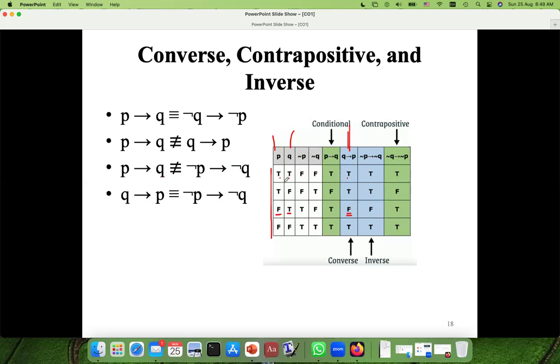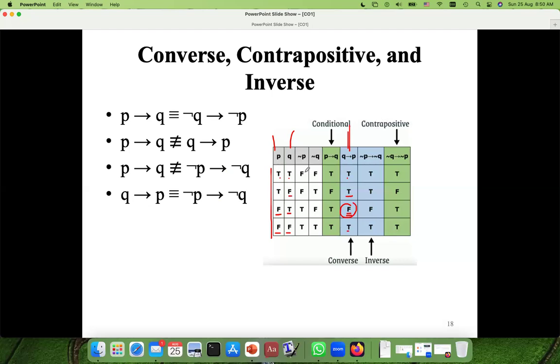So here TT, that is not according to the definition. Q is F. I want first true, then false. And here we have F, and okay, that will be true. Only this one is that pattern that is there in the definition.